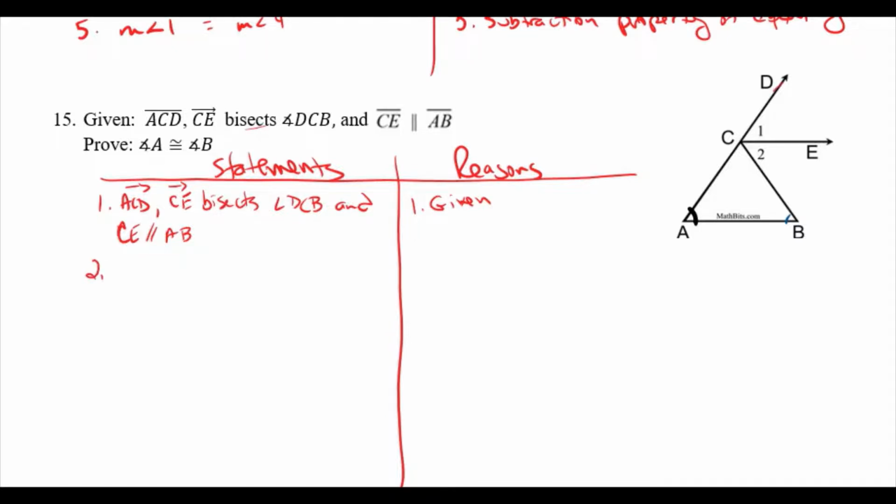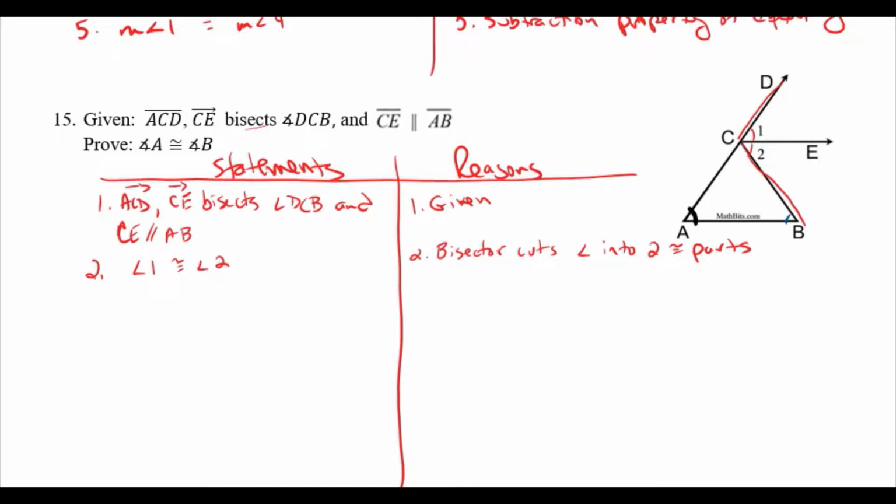Now DCB is right here, so if I cut this angle in half, I'm going to get these 2 equal parts on both sides. So we know that angle 1 is congruent to angle 2. And the reason for that is a bisector cuts an angle into 2 congruent or equal parts.